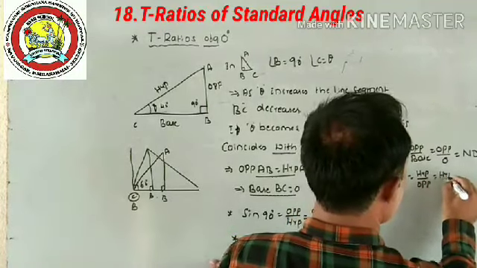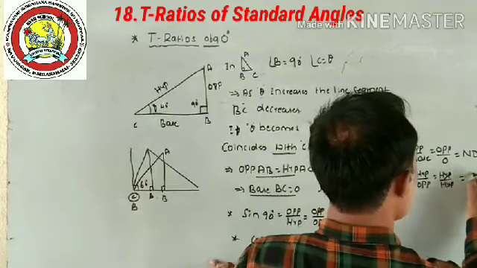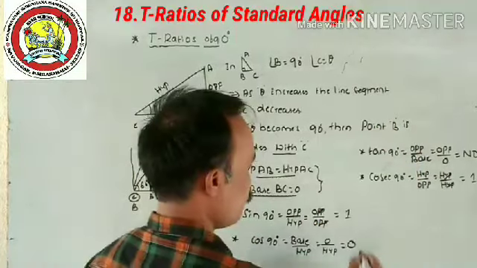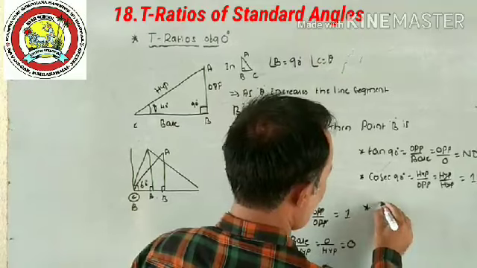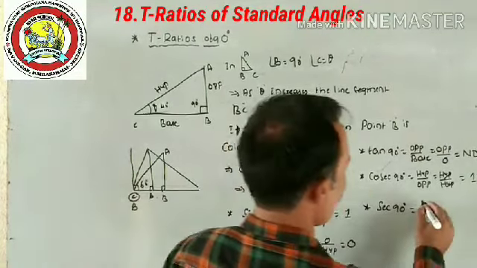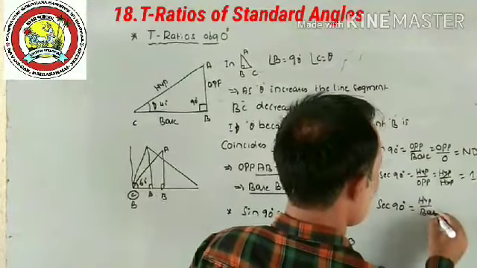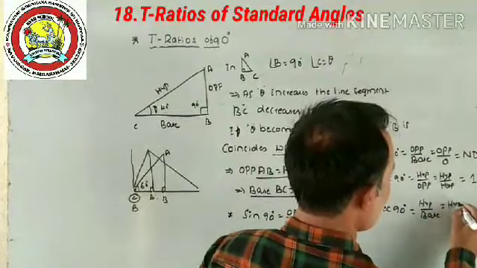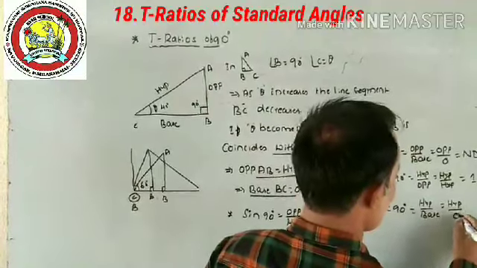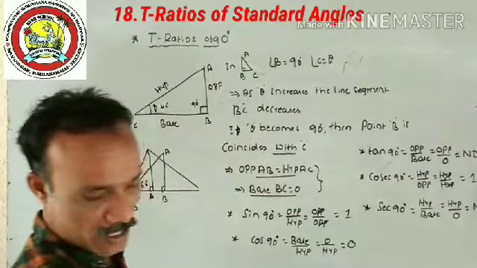So hypotenuse in place of opposite, it cancels, that is 1. Next one, secant 90 degree. Secant is the reciprocal of cos, that is hypotenuse divided by base, that is 0. So anything by 0 we cannot define.